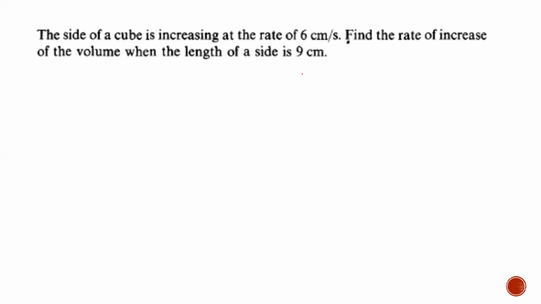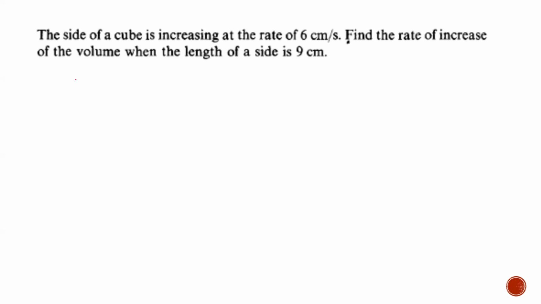Now let's look at this example so that we can illustrate just that. So we have that the side of a cube is increasing at the rate of 6 centimeters per second. Find the rate of increase of the volume when the length of a side is 9 centimeters.